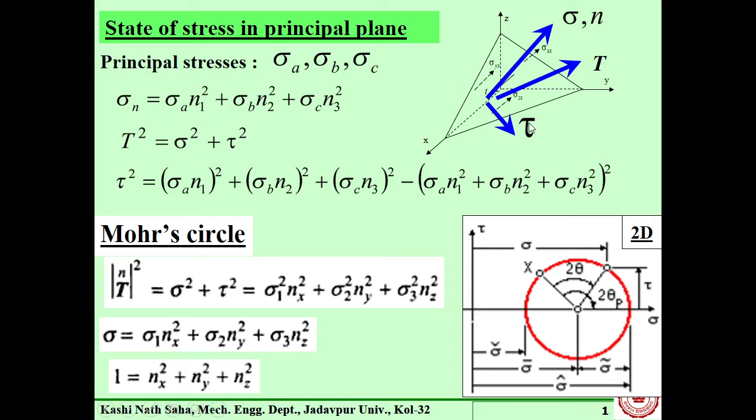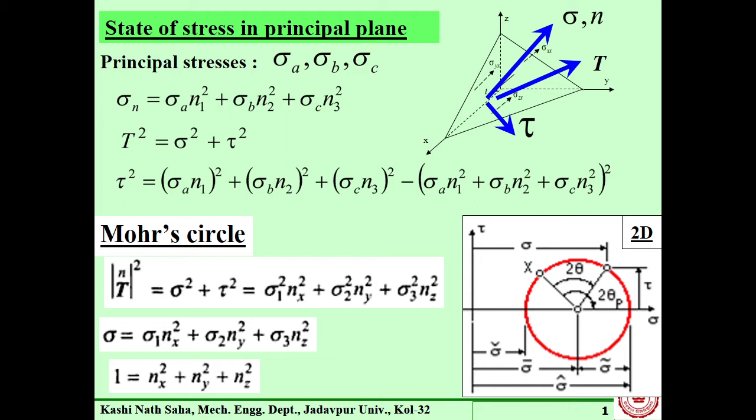These things we have determined earlier in connection with Cauchy's equation. Now, what are the equations of this sigma and tau? This is our normal stress sigma n.